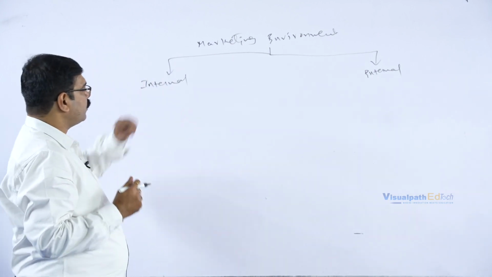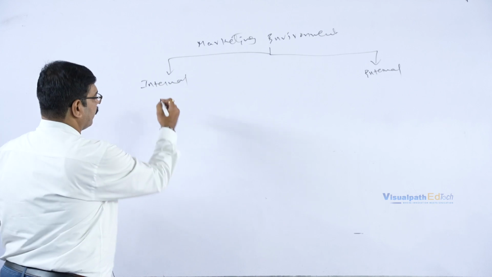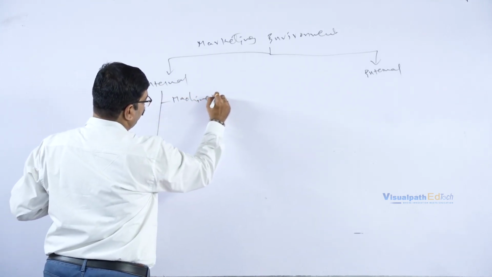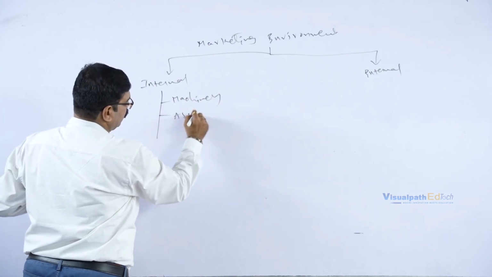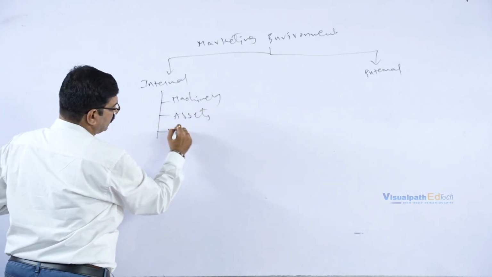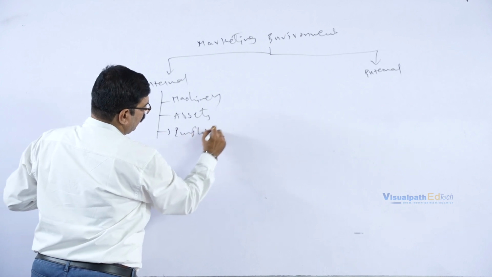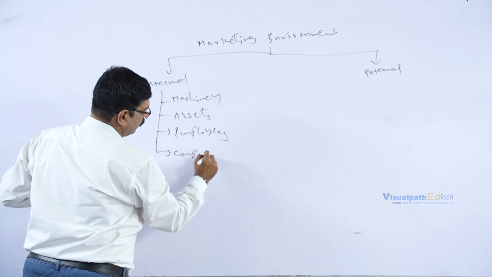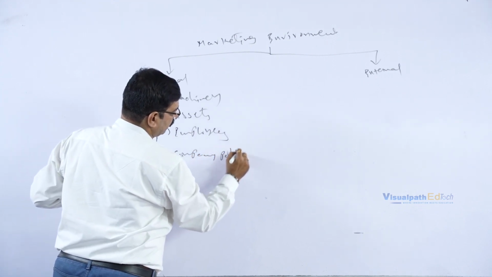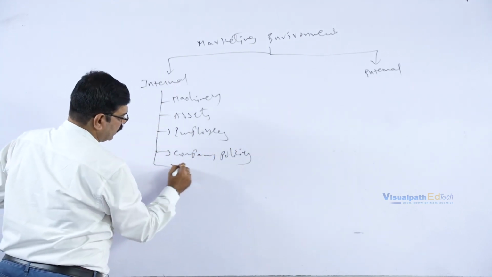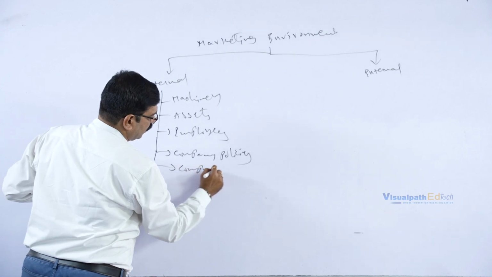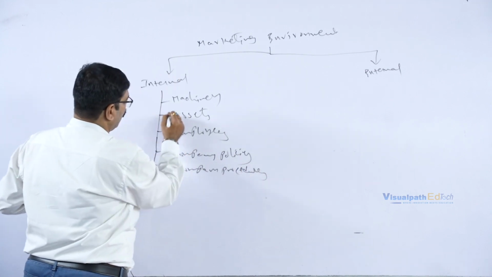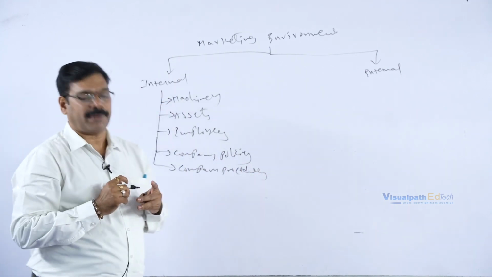First, when we go for the internal factors, whatever machinery you have, the assets you have, your employees, as well as the company policies and the company procedures, these come under the internal factors.